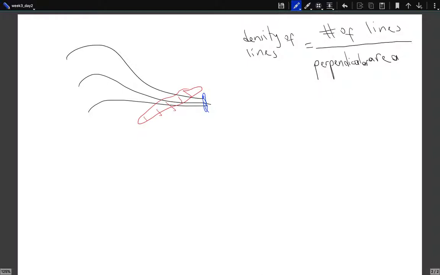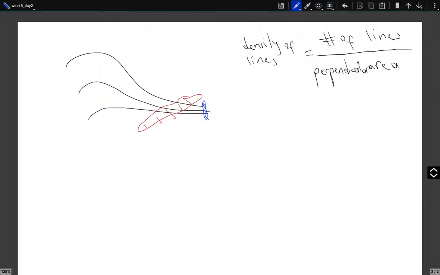That would uniquely define the density of lines. Well, let us revert that. Number of lines will be equal to density of lines multiplied by the perpendicular area.